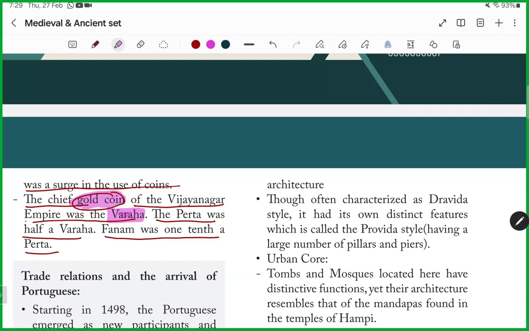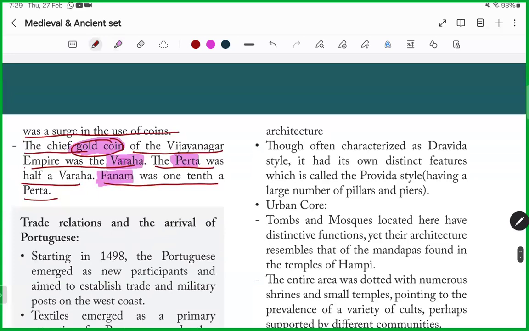All right, so try to remember those things too. Okay, so the Vijayanagar Empire's gold coin was issued in the name of Varaha. Then there was also a coin known as Pratapa, which is half of Varaha, and the Fanam. Okay, so Varaha, Pratapa, and Fanam coins. I told you to make a good note on the different coins.